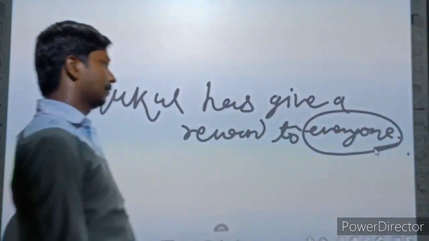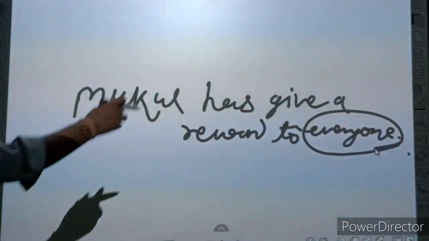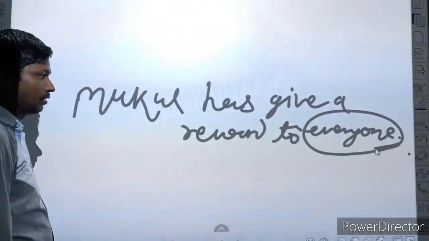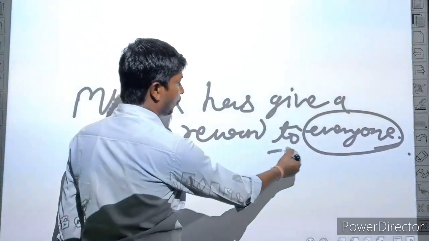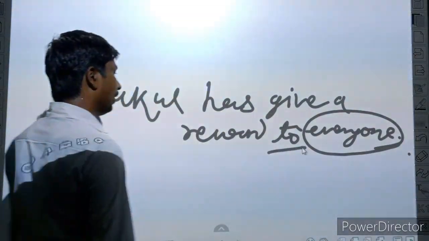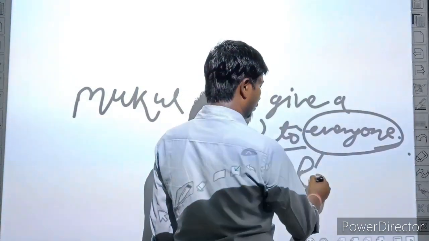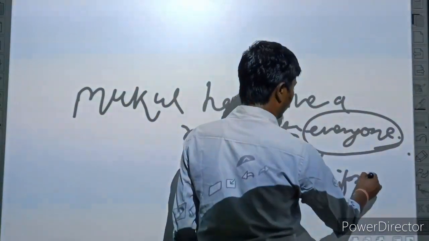Here you can see everyone is used as an object of the sentence, or object of the preposition to. Then it is called reciprocal pronoun.